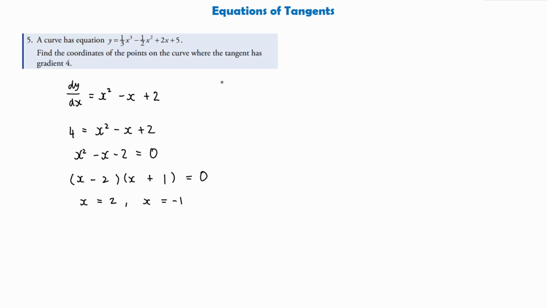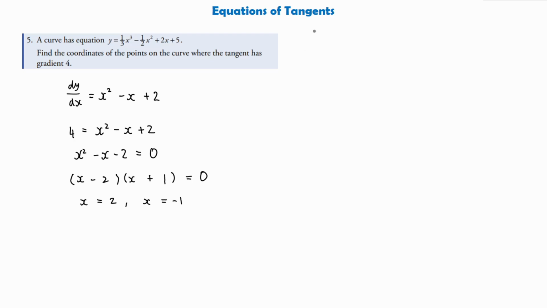Now, as you can see, we have 2 values for x. So if we're asked to find the coordinates of the points along the curve where the tangent has gradient 4, we know that there's going to be 2 points at which the tangent meets the curve. So we can work out these points by substituting the values x equals 2 and x equals minus 1 into our equation y equals a third x cubed such and such.